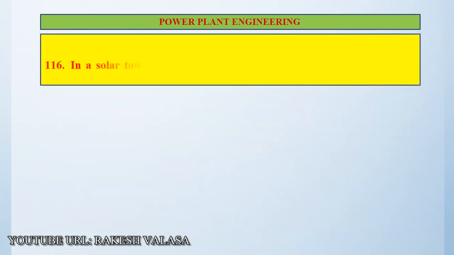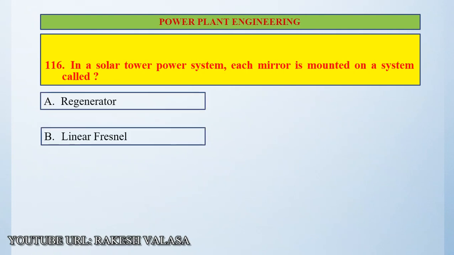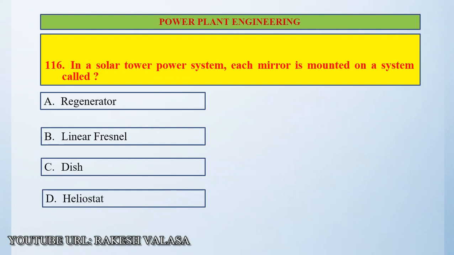Question number 116. In a solar tower power plant, each mirror is mounted on a system called: option A regenerator, option B linear Fresnel, option C dish, option D heliostat.